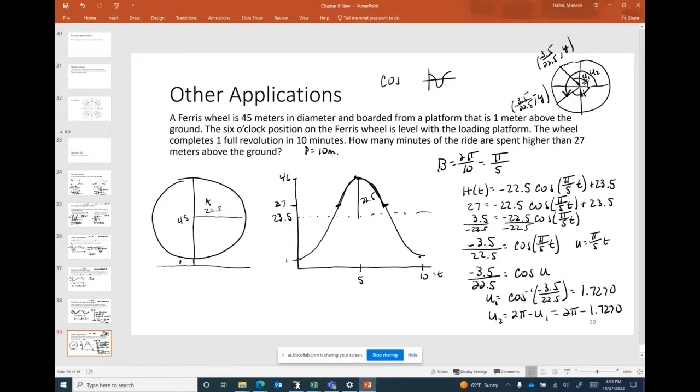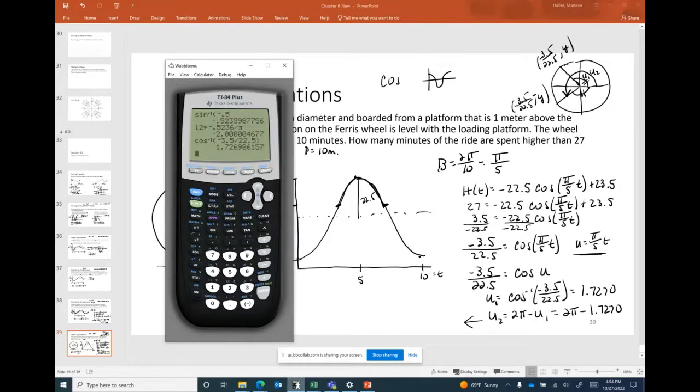What I really want to find is that time, right? T. So I've got to undo my u substitution. Now we're out of room, so I'll come over here to do it. All right. So U1 was 1.7270. And that's going to be equal to that pi over 5t. We'll solve for t. We just want to multiply both sides by 5 over pi, because then that all divides out. And we see t, our first t, call that t1.